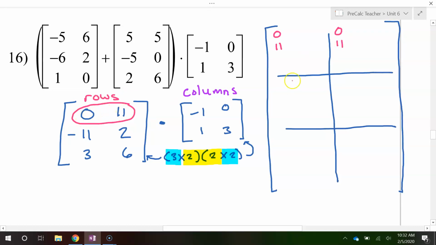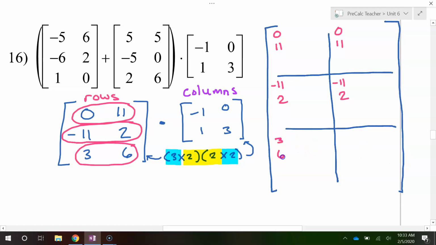Even though rows are horizontal, I have to write them vertically for multiplication purposes. Row 2 goes across row 2. So I will have -11, 2. -11, 2. Row 3 goes across row 3. So 3, 6, 3, 6.